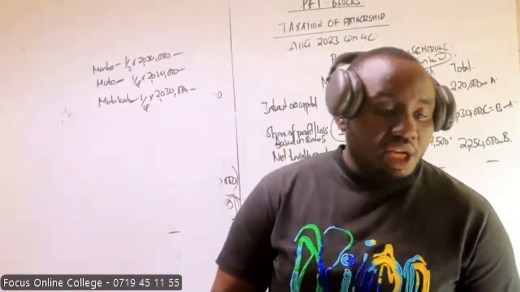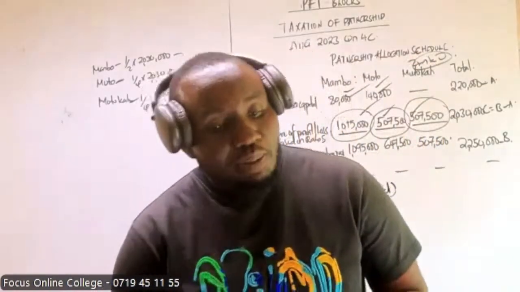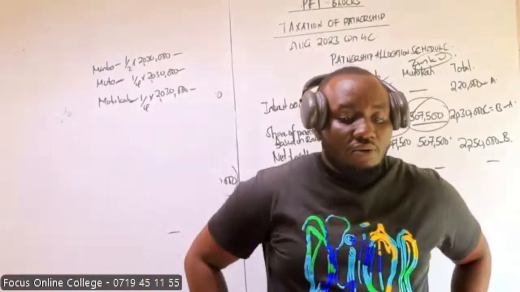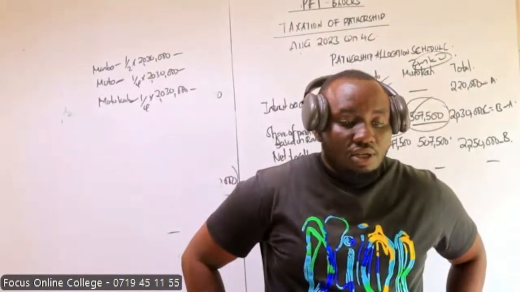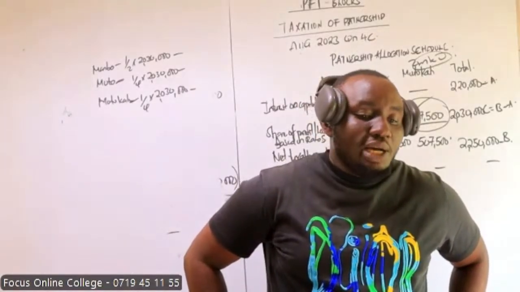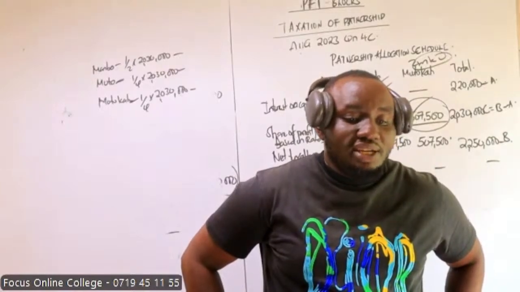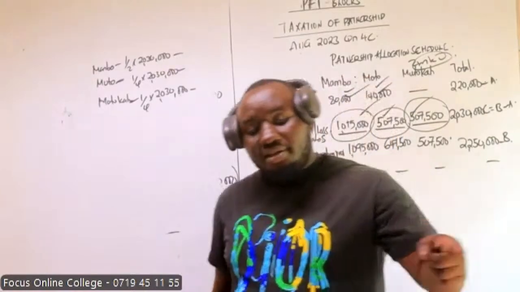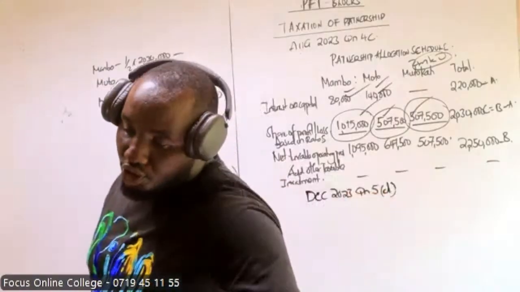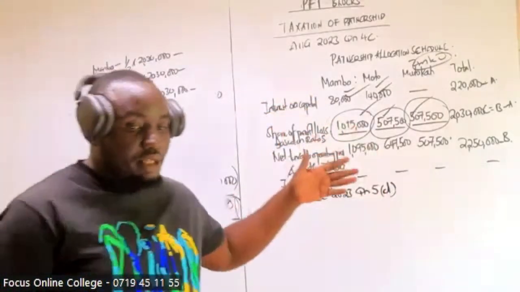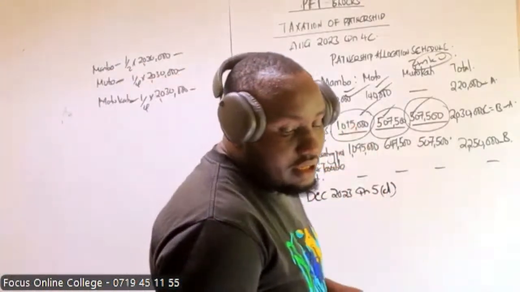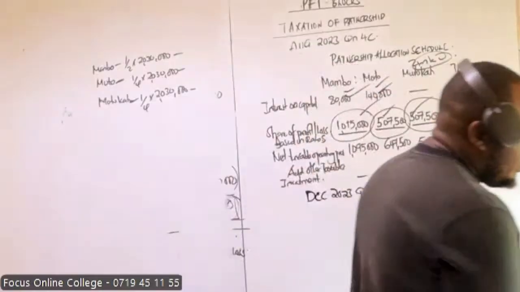How does it interfere with the gross profit when opening stock has been undervalued? If we undervalue an opening stock, what happens to the GP? Jeff, what happens to the GP? Did I teach on that? Somebody just confirm whether I taught on that. Was it taught?